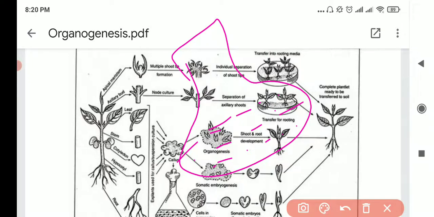Broth means, if I give you a Complan to drink, you will add it in water, no? So that is a nutritive media, and you drink it. Then if I gave you that Complan and told you to add agar, it will become semi-solid, so you would eat it like a jelly. That is your semi-solid media. But for a liquid media, I have not added agar.